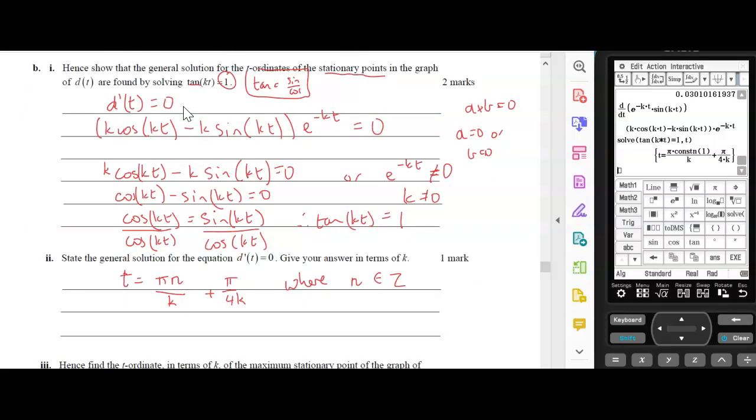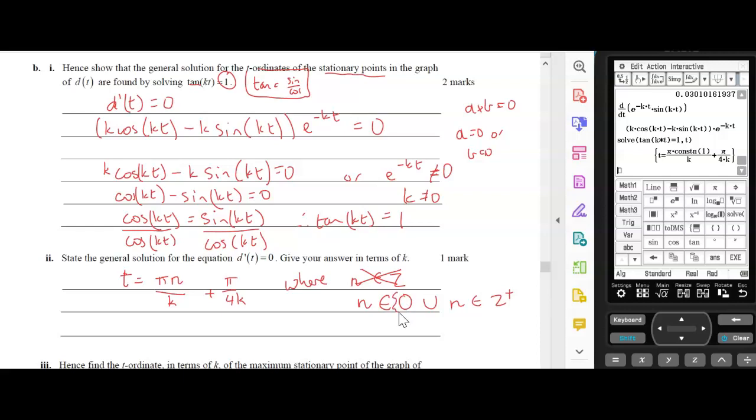So with our solution, we can't have n is an element of z. So n has to be an element of 0 and, or n can be any positive integer.